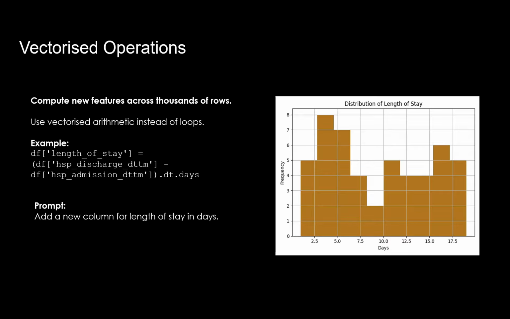So as an example here, you've got calculating length of stay. It is telling the code to go ahead and take the discharge date time and subtract that from the admission date time. And you're using a library there, DT, and telling it what you want it in, days.